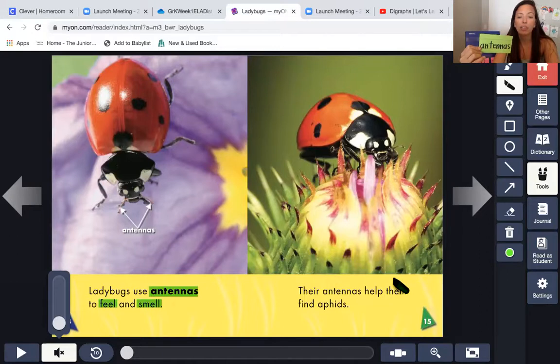And they use their antennas to help them find aphids or help them find their food. So their antennas are kind of like their nose and their hands, helping them feel and smell to find their food.